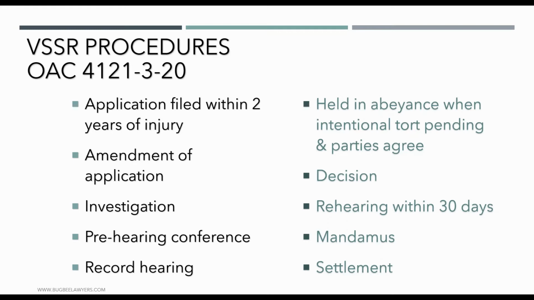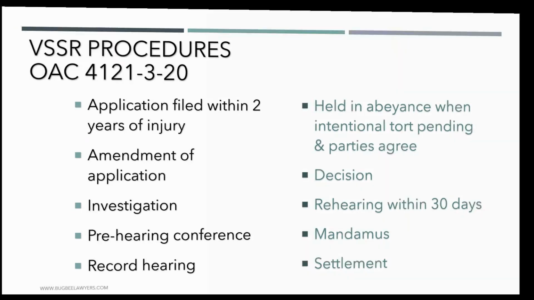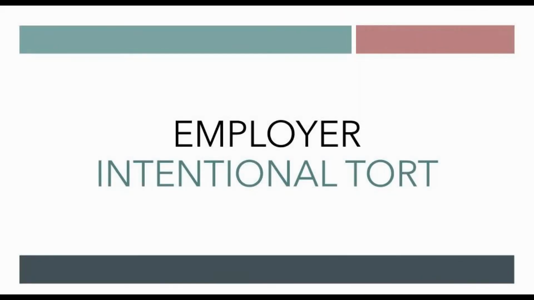Now we're getting VSSRs and claims with very little exposure, not much compensation, relatively minor injuries, and as I indicated, I think there are certain firms in Ohio that are filing VSSR applications similar to a C-92, a way to generate some income. And so that's pretty much VSSRs.